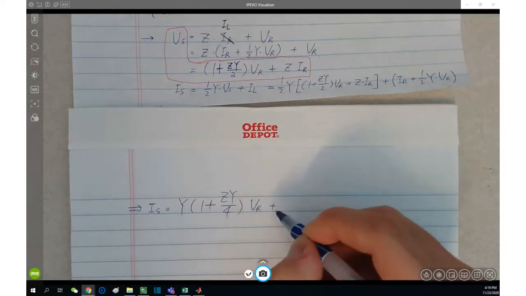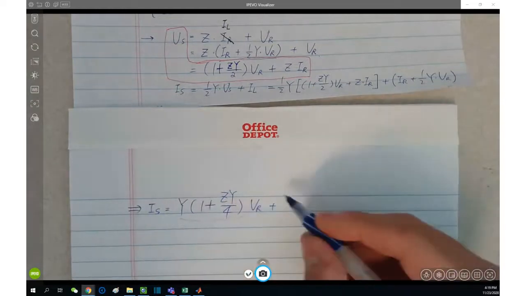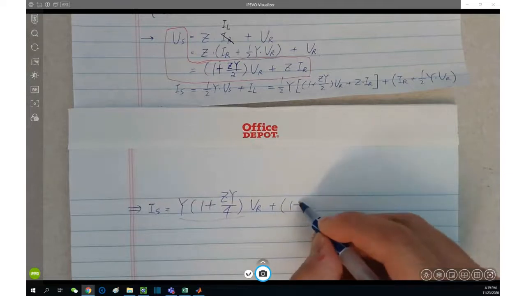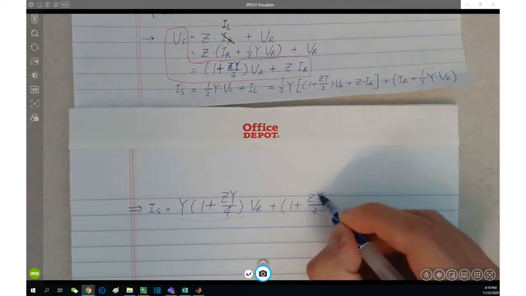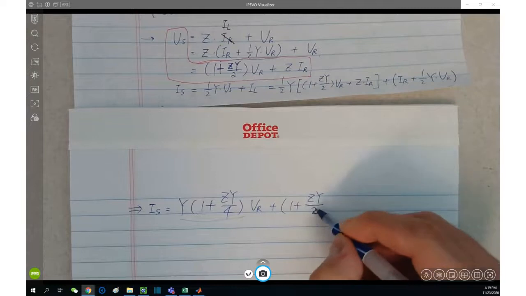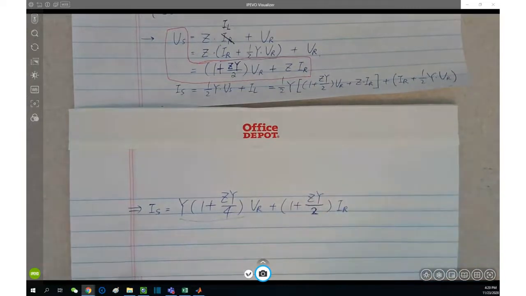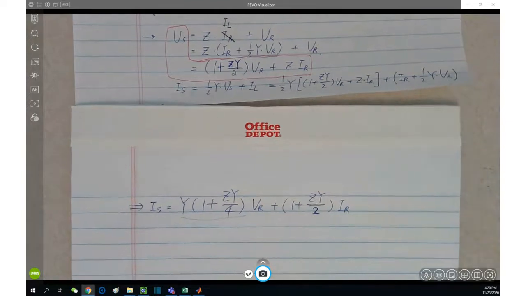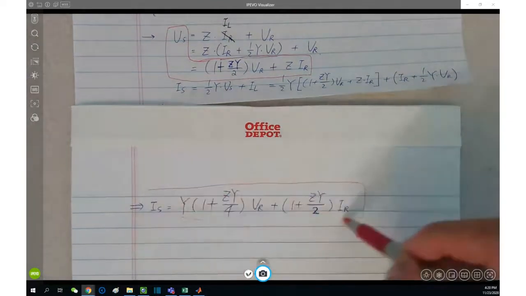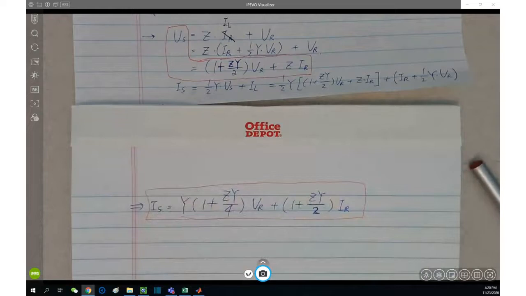This is the coefficient times VR, plus another coefficient times IR. This is the equation for IS. Here's the equation.